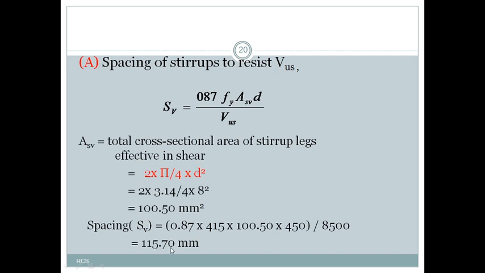So after substituting 0.87, Fy is 415, ASV is 100.50 and D is 450 by VUS, which is 85 kilonewton as given. I'm converting that into Newton, so that is 85000. From that the spacing obtained is 115.70 mm. According to criteria A, we get 115.70 mm.